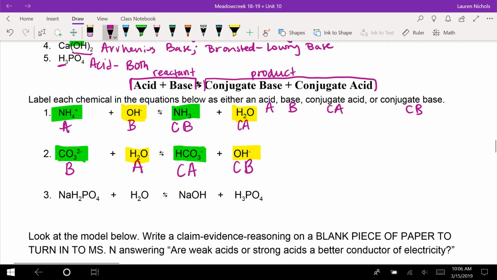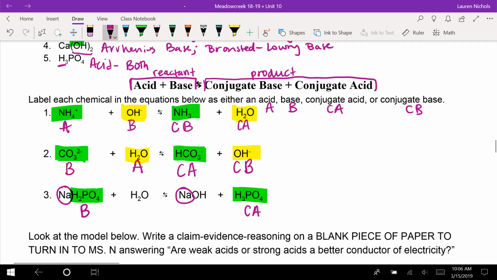And then in number 3, we see the introduction of sodium in here. You can ignore sodium. Sodium does kind of a double replacement thing, but if you ignore sodium, you see that you have H2PO4 and H3PO4. So that means this is our acid and this is the base.